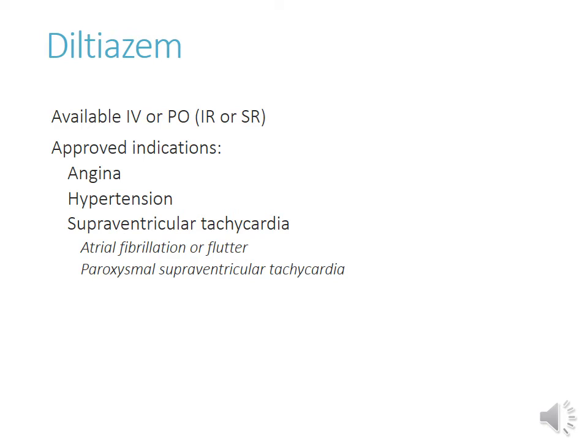So say you start at the beginning dose and the heart rate's still sitting at 180 or something, you may need to gently increase that dose to help get the heart rate down. But usually the rate limiting thing here is going to be the blood pressure, right? So even if your heart rate's still high and the blood pressure is low, that's usually going to be your ceiling for how far you can drive that dose. But that's not really germane to this topic.